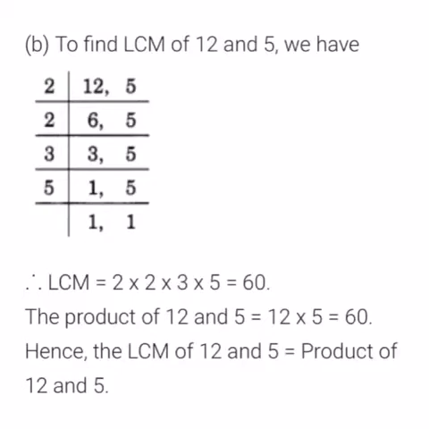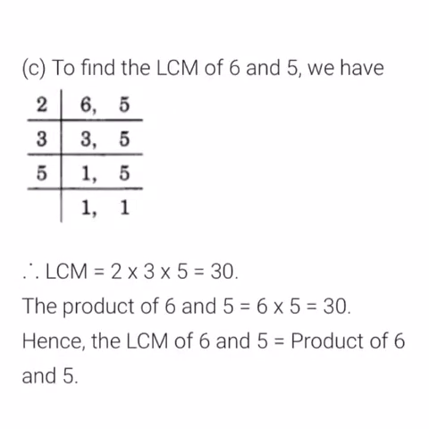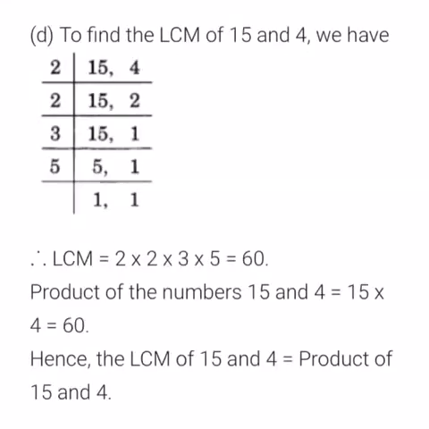Here the LCM is equal to the product of the numbers. Now see, 6 and 5, the LCM is 30 and the product is also 30. Hence the LCM of 6 and 5 is equal to the product of 6 and 5, that is 30. Now the next one is 15 and 4.